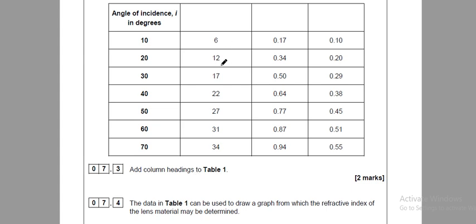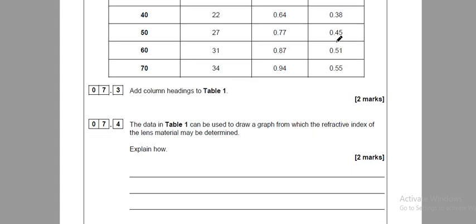It will certainly be angle of refraction, and this will be the sine of either the angle of incidence or angle of refraction. So use your calculator and calculate sine 10. It will be 0.17, so this is sine i, and certainly this will be sine r.